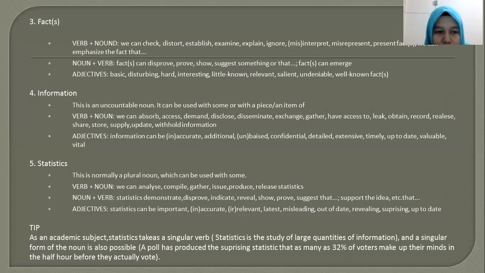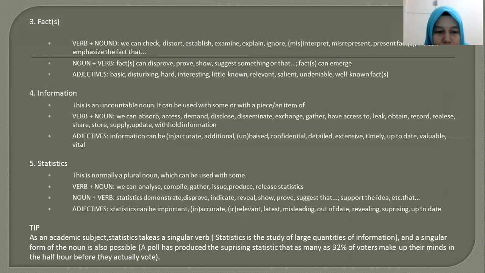Number 5, statistics. This is normally a plural noun which can be used with some. The pattern is verb plus noun. We can analyze, compile, gather, issue, produce, release statistics.